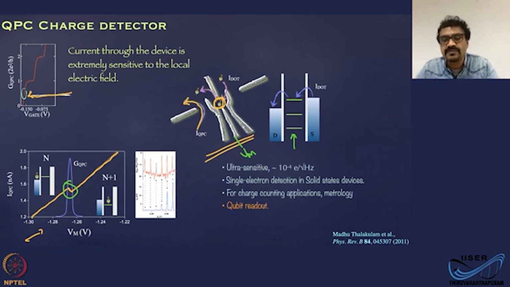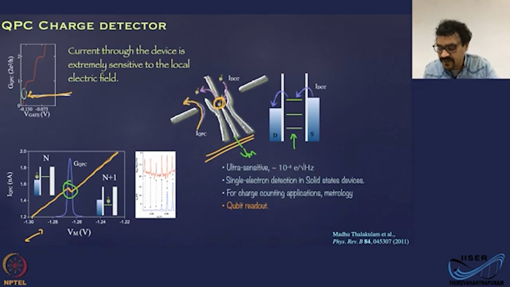You have to resort to sensing the motion of the electron and then converting that to current. These devices are really sensitive. We can actually sense a few micro-electrons per root hertz, which means a fraction of an electronic charge.